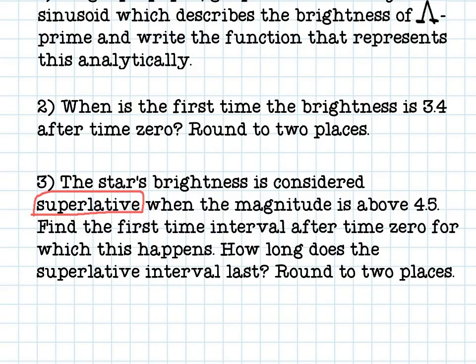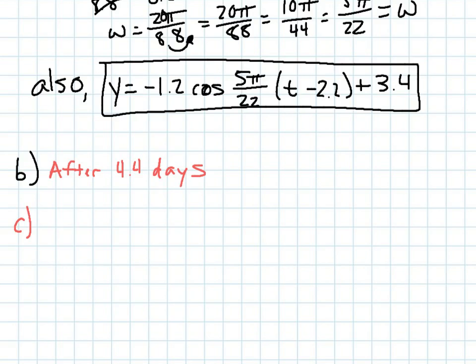So we need to do a little bit of a calculation to figure out what time t is when your graph is 4.5. So let's start with setting y equal to 4.5, and let's use our first function that we had. So negative 1.2 sine of 5 pi over 22 times t plus 3.4.